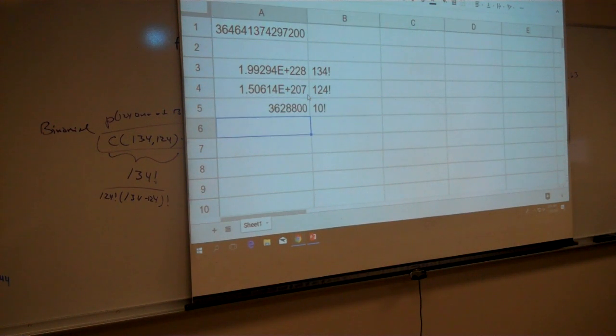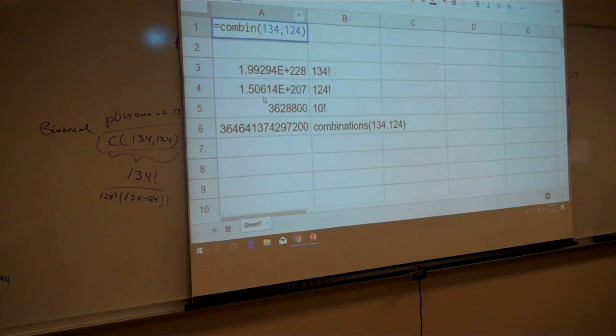But if we actually wanted to do the combination of 134 things taken 10 at a time, it would be this number divided by the product of this number and this number, and you get a giant number. Quadrillions. Over here, I actually just used the combin function and did it the cheap and easy way.